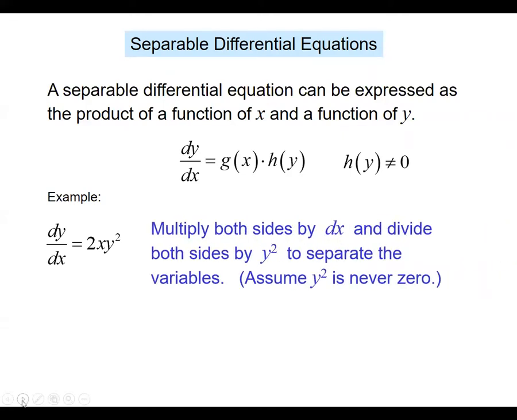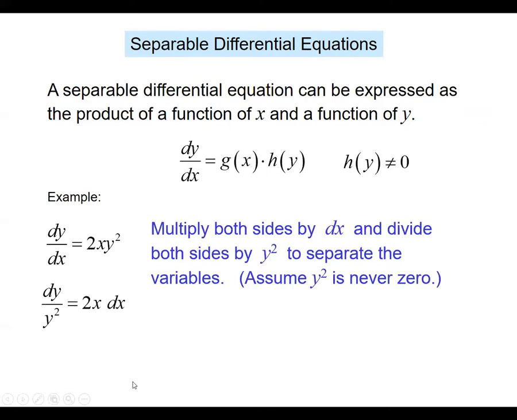So what I want to do is separate the variables. I want to multiply and get the x and dx on one side and the y's and the dy on the other side. So we're going to multiply by dx and divide both sides by y squared to separate these variables. I'm going to actually break up this Leibniz notation and use these little differentials. So keep the x's typically on the right, because we usually like to write equations y equals in terms of x's, and the y's on the left.